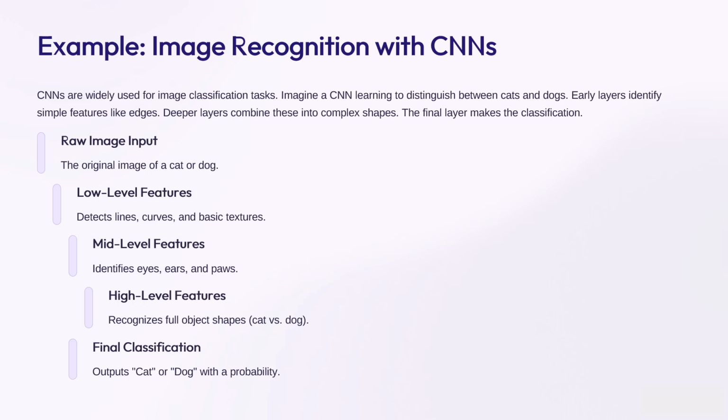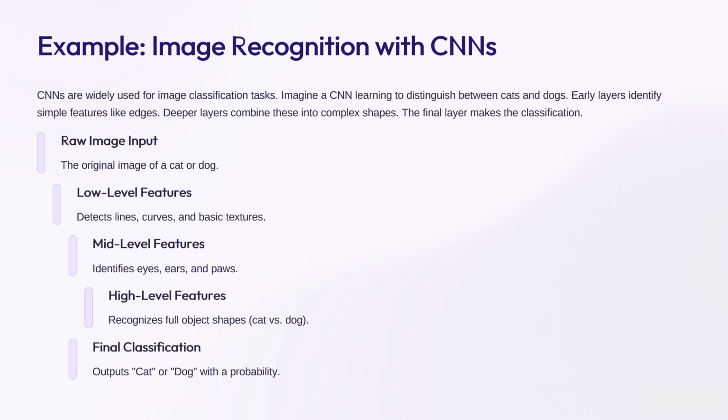Deeper layers combine these into complex shapes. The final layer makes the classification. So here the first step is the raw input image. Second is low level features. Third is mid level features. Fourth is high level features. And last one is the final classification.